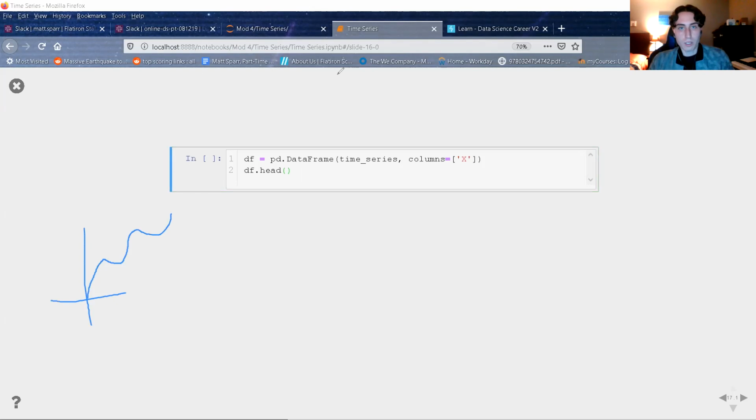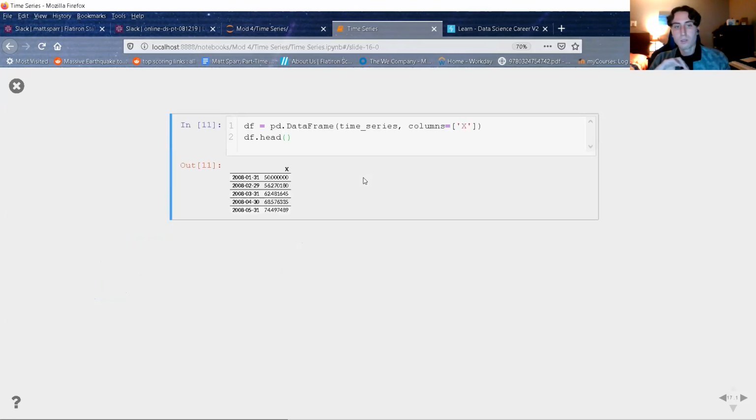So when it goes to predict, let me just get a different color, it would likely predict something like this. So it wouldn't be able to account for that trend upward. But if we first make the time series stationary, like so, then the forecasted model would be a lot better at picking up that trend and modeling it. So it'll make more sense as we go on, but for right now, it's just kind of a necessity.